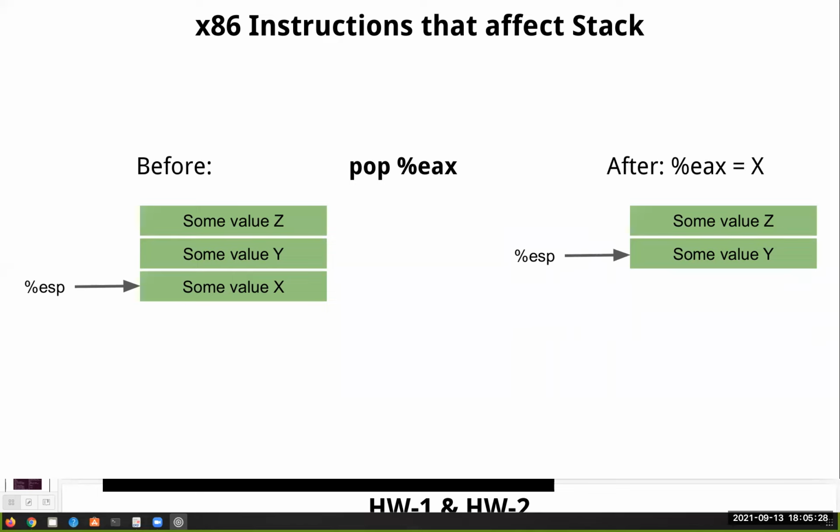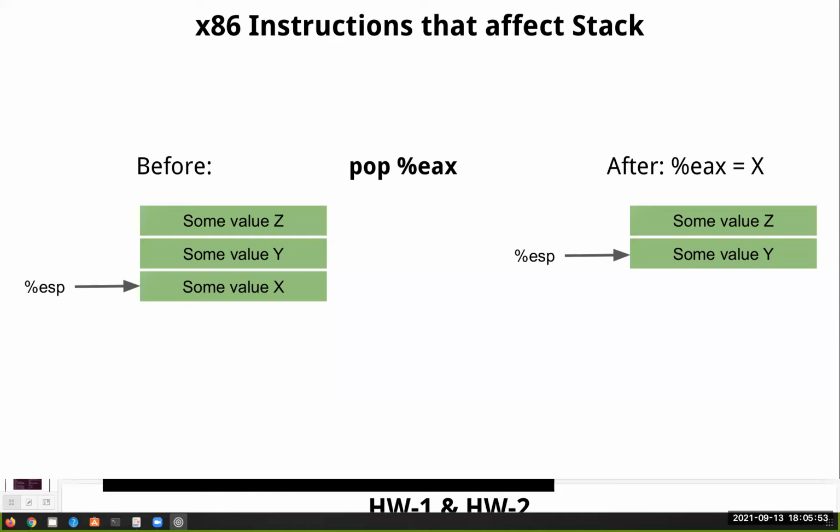Then pop is similar. This is the opposite operation. Pop will pop whatever ESP points to into the register, EAX in this case. Obviously, for the pop instruction, the argument cannot be an immediate number. You cannot say pop a number. You have to pop it into some register to store.